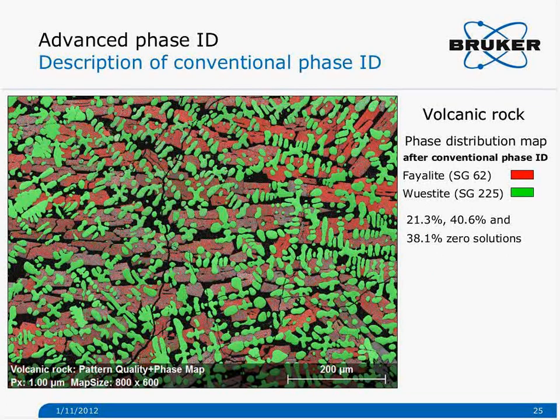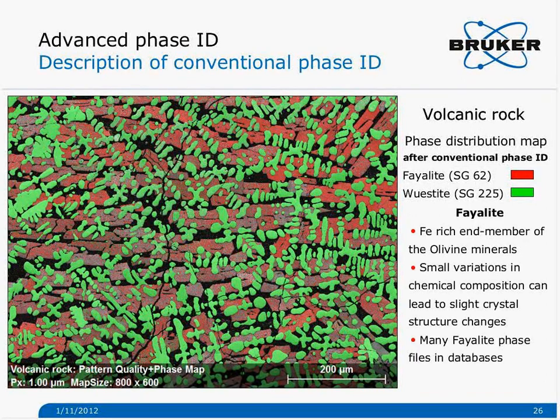As you can see here, for the red phase, the fayalite magnesium, this particular area of the map has grains that are pretty well indexed, but in this part of the map, in the center, solutions were found for maybe just 20 or 25% of the points. To understand why this happens, I have to give you a few details about fayalite, what it is.